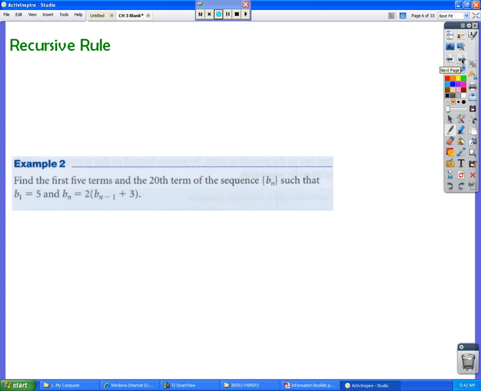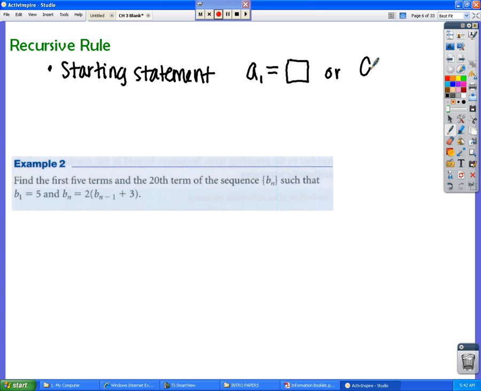Recursive rule. Recursive rules are always written the same way. You need some kind of starting statement. Usually starting statements will be something like a sub 1 equals a value, or it'll be a sub 1 equals a value and a sub 2 equals a value. And it really depends on the definition that you use for the rule.